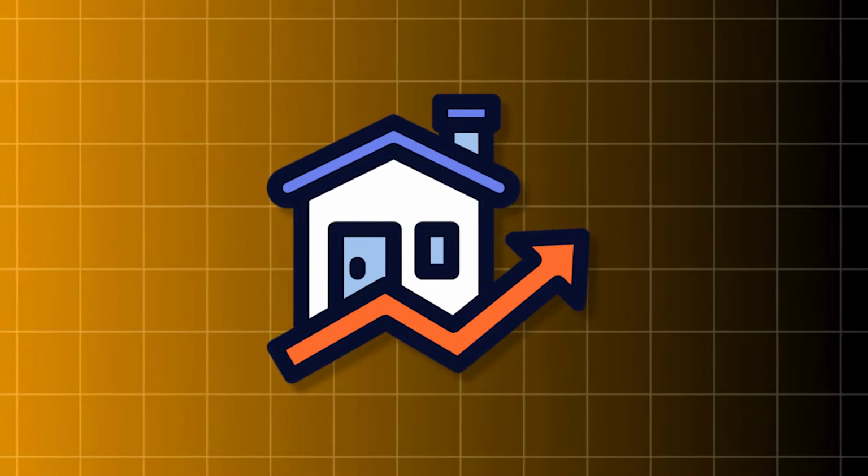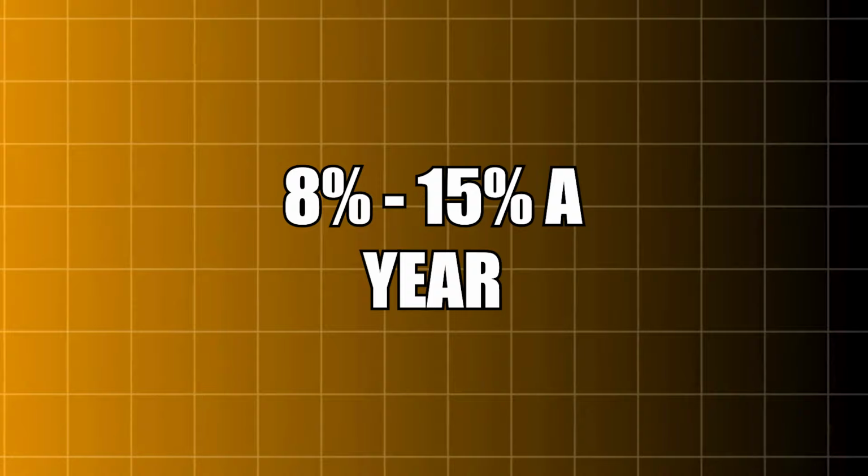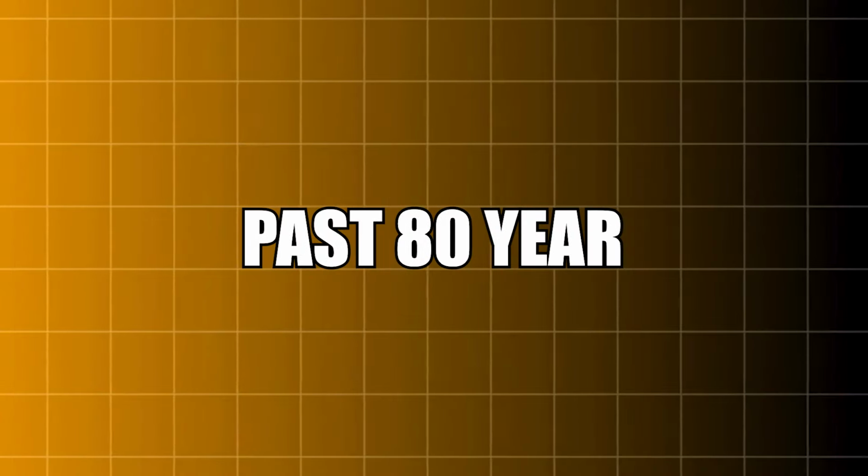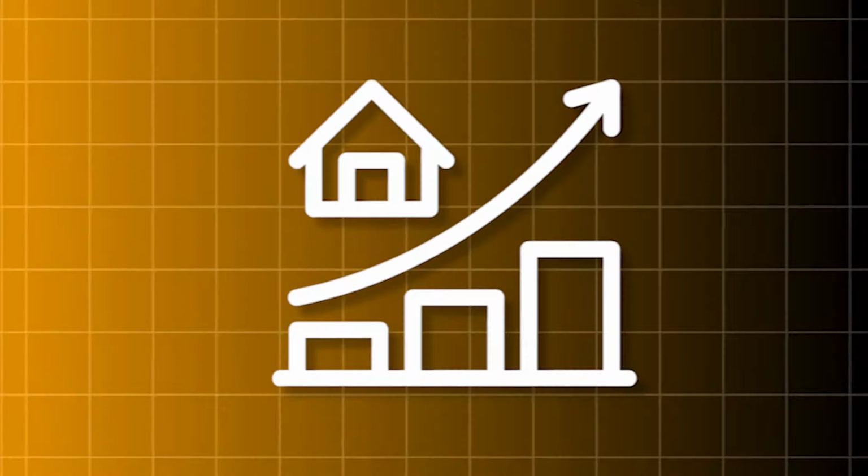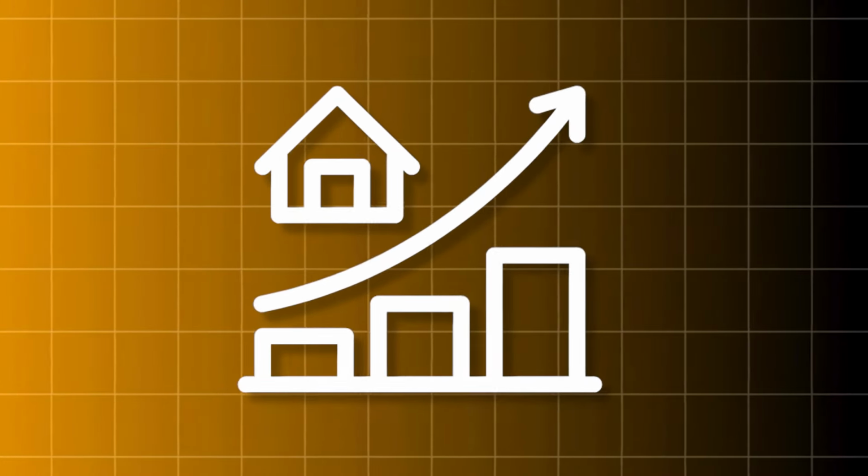As a result, your property price tends to go up gradually. And currently, as I do this video right now, the average increase in property prices is between 8 to 15% a year, and that has been going on for the past 80 years. So in essence, your property value would be going up as time goes on.